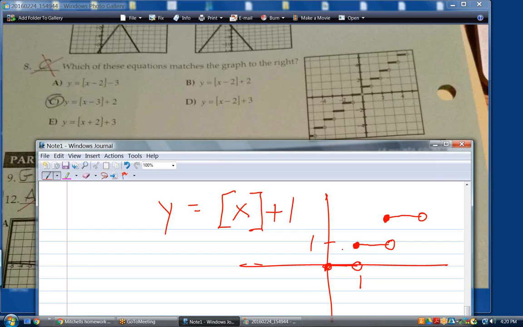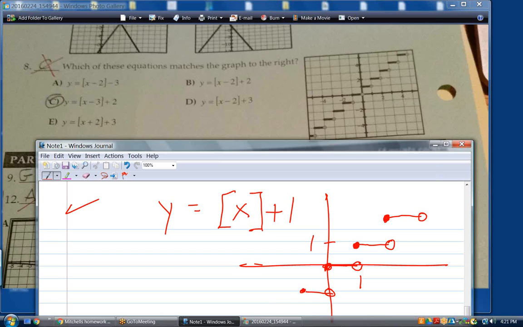If I took the function that I've drawn on my drawing tablet and I shifted it up 1, it would be what we're looking at. Correct? And the greatest integer function goes that way too. Yeah. Okay, in other words, it goes to the right and the left. So this would be one answer, but that answer isn't on there.